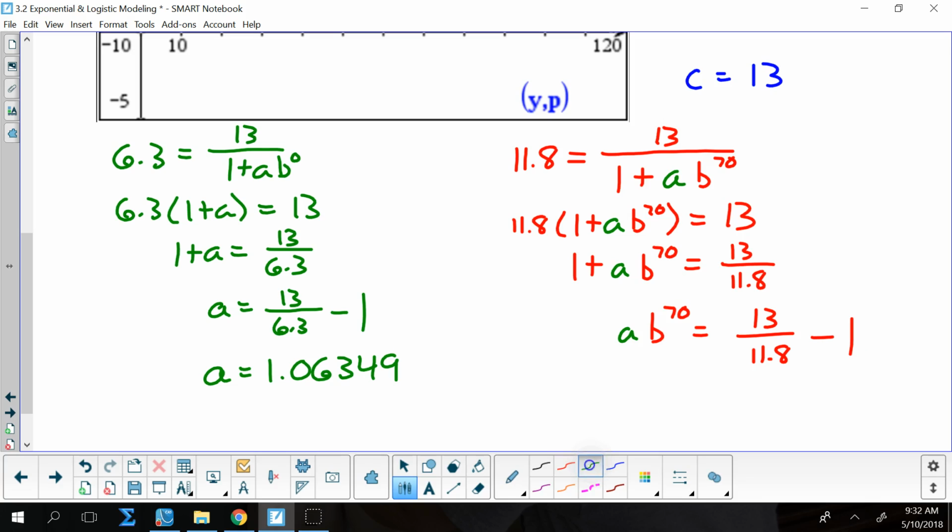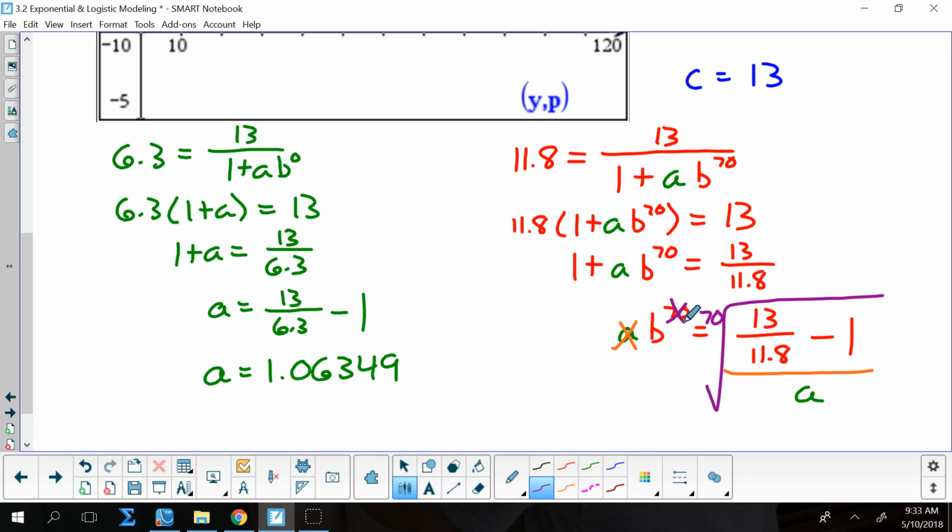Then divide by A, which cancels that out, and I'm going to take the 70th root to cancel that out.